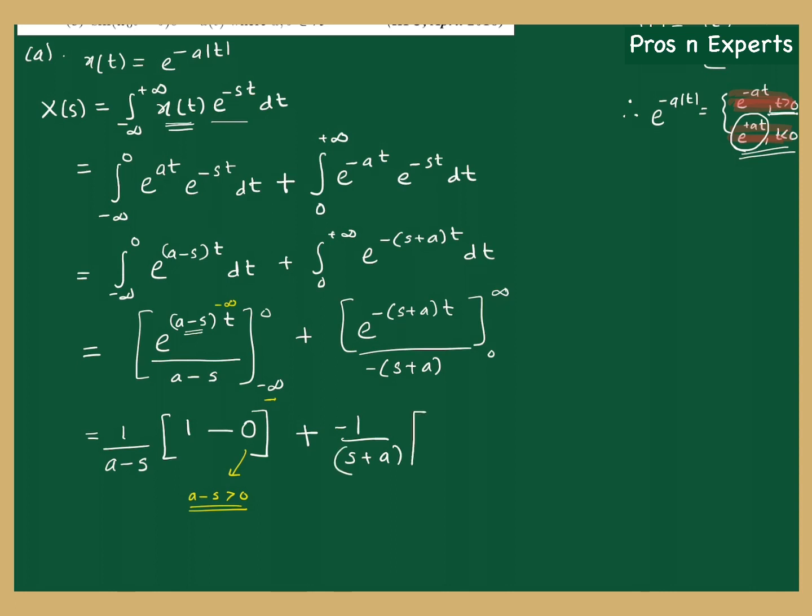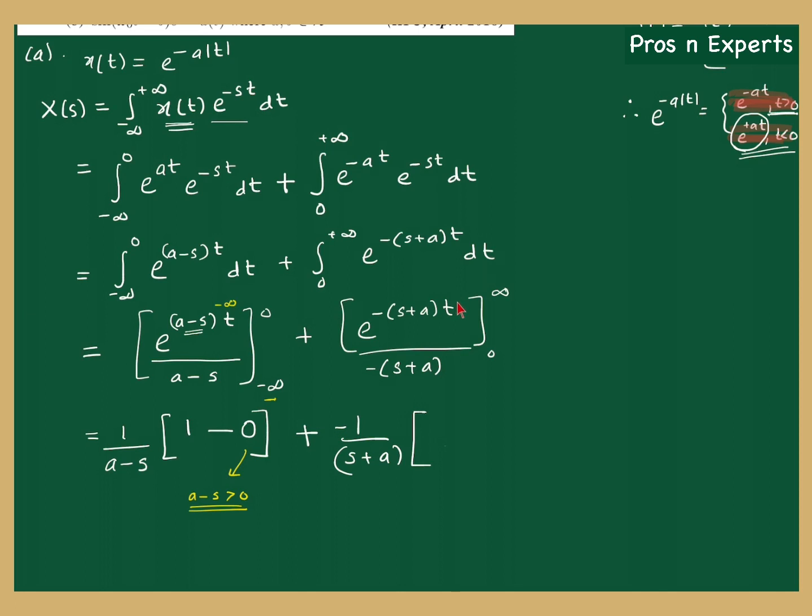While applying the limits, what will result if you apply the upper limit in e raised to minus s plus a into t? It is e raised to minus infinity, as t is infinity. Again, you can get 0.